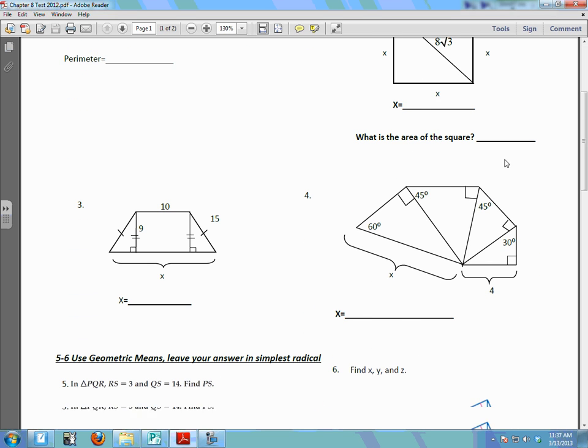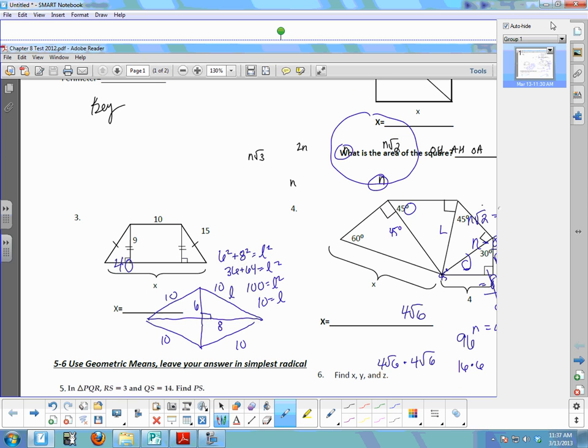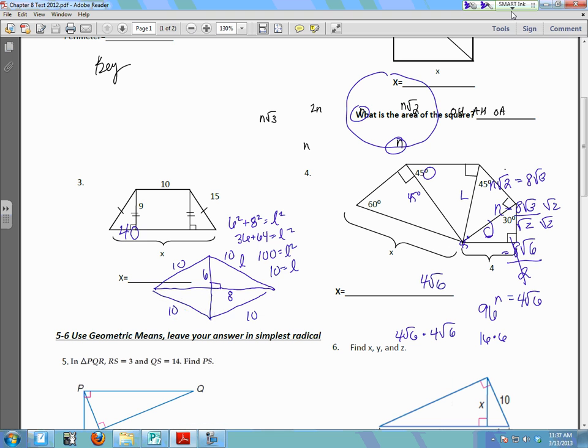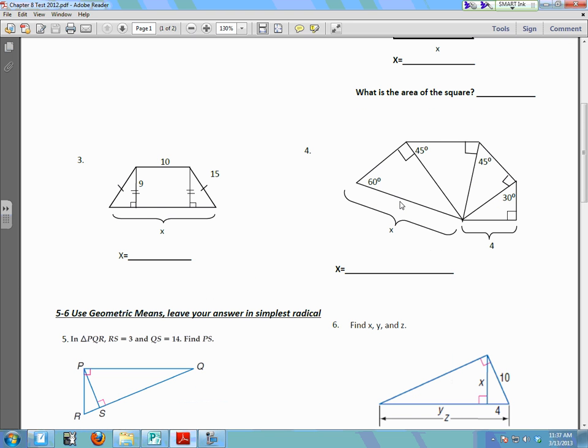Going down to number 3. Again, this is a trapezoid. That's 10, so this here has got to be 10. You know that this is 9, so this over here is 9.